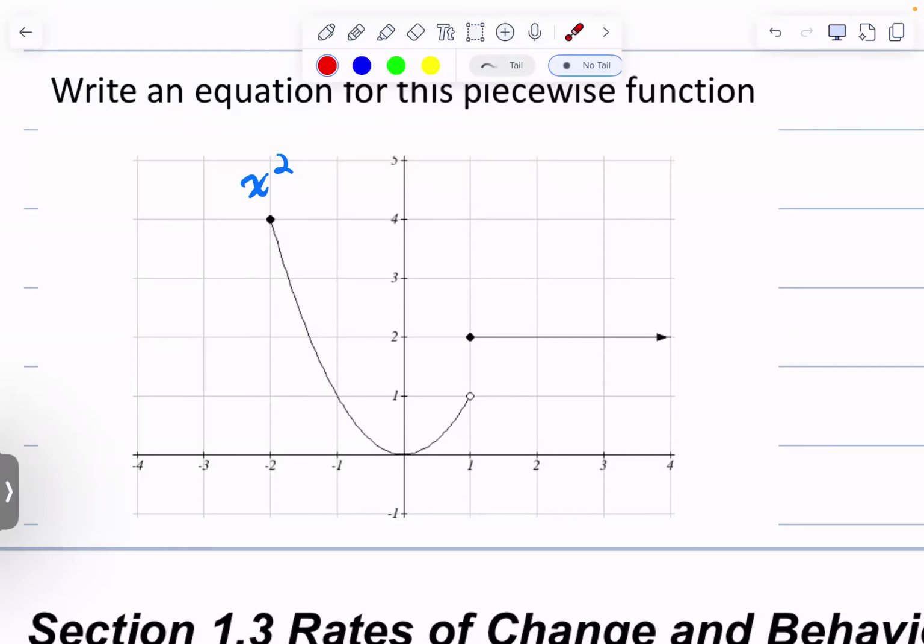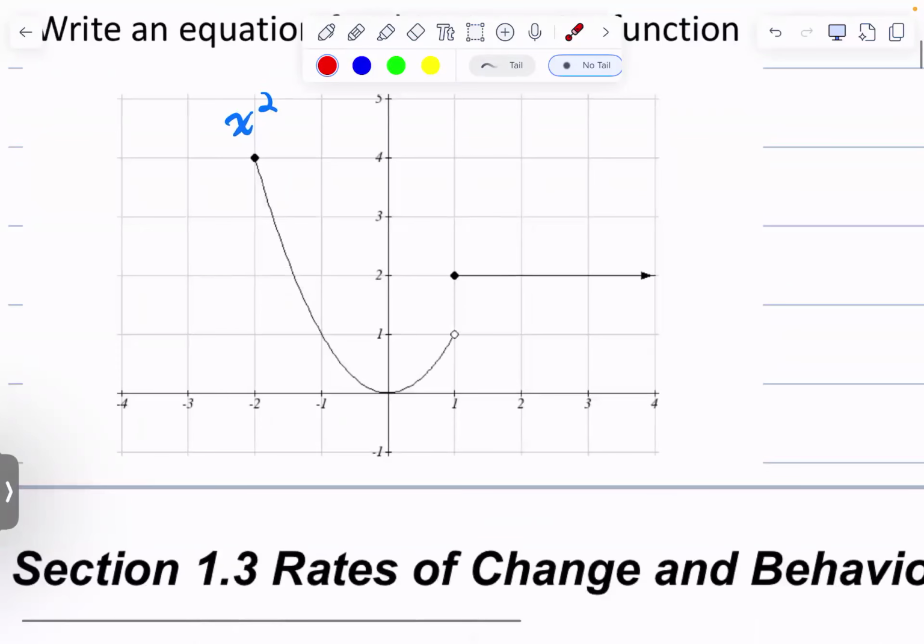When is it x squared? I'll draw it down here, including negative 2. Notice this closed dot, open dot. We've seen that before in our intervals. So starting at negative 2, including negative 2, and then going to 1, but not including 1, getting really close to 1.